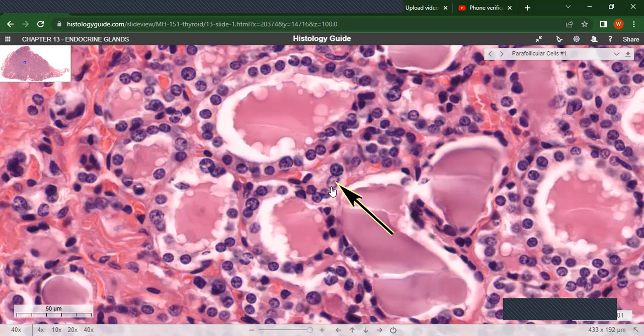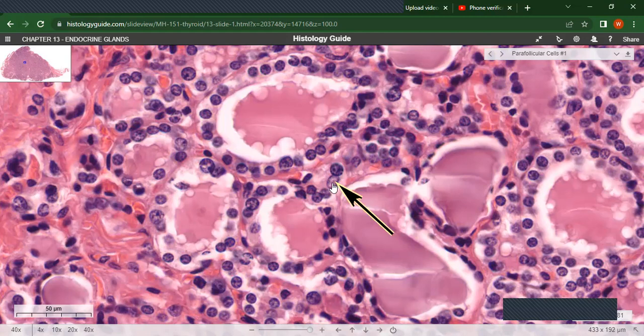Parafollicular cells originate from the ultimobranchial body, which originates from the caudal portion of the fourth pharyngeal pouch. Remember, the ultimobranchial body is derived from the neural crest cells. So essentially, the parafollicular cells are derivatives of the neural crest cells.